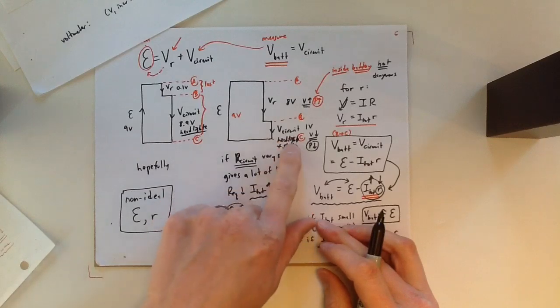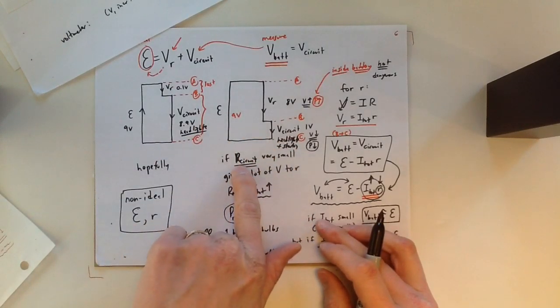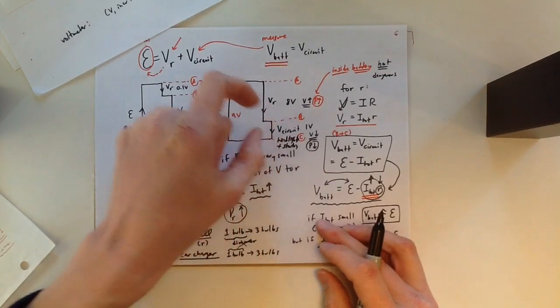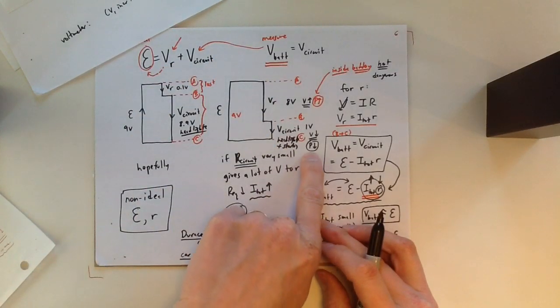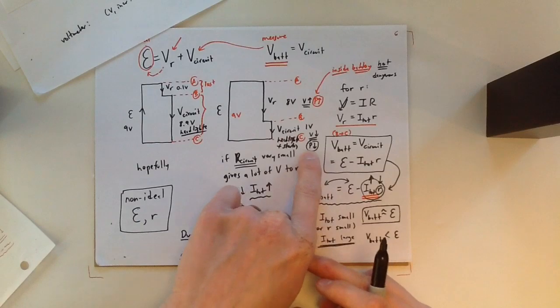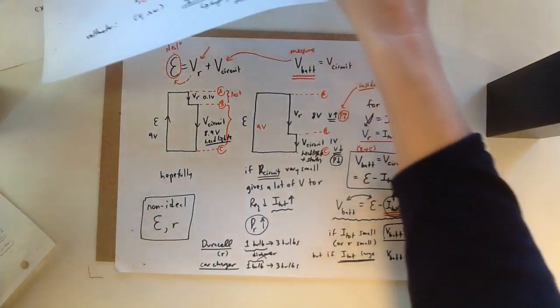So those in parallel do drop the resistance of the circuit quite a bit, and it will lower the voltage drop here and increase it over here. And so one of the things you can see when you're starting your car, especially in older cars that can't compensate for this, is that the headlights will dim while you're starting your car. So that's a perfect example of this previous situation we keep talking about.